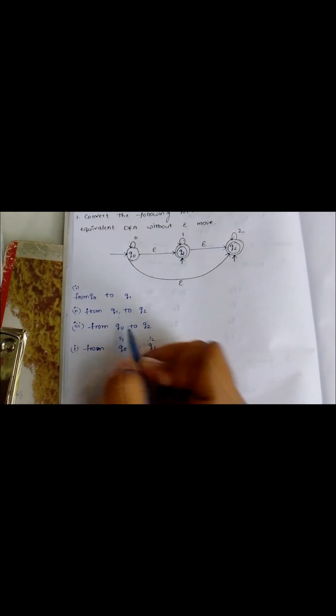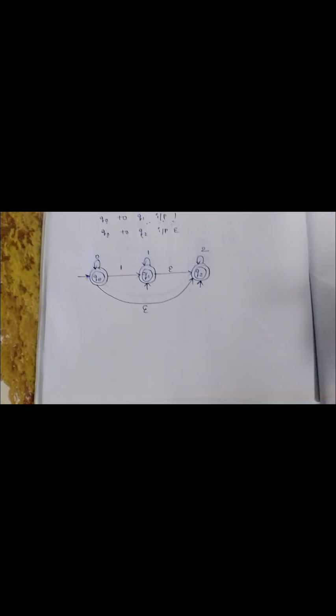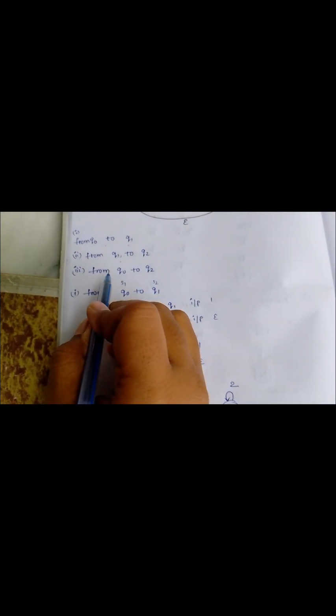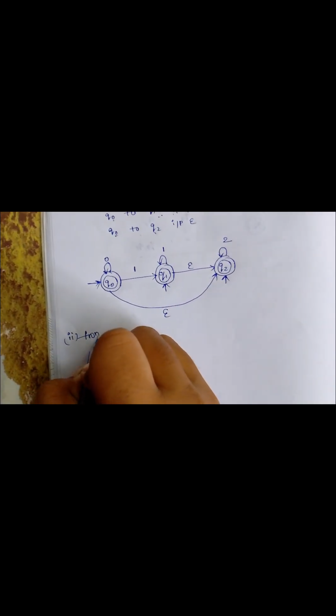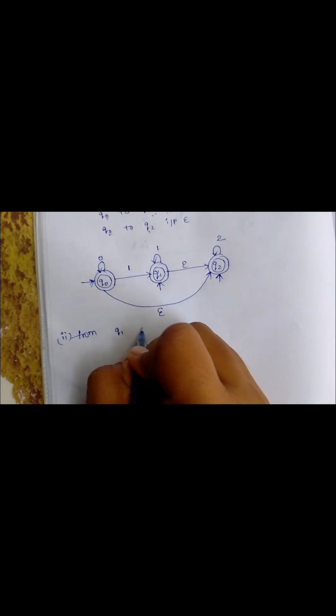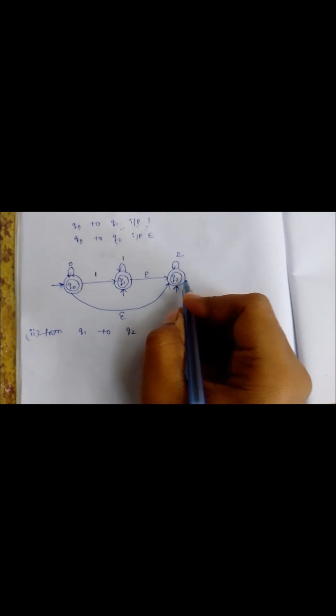So after we remove null transition from Q0 to Q1, this finite automata is there. Next second one is from Q1 to Q2. So here Q2 నుంచి ఏమేం ఎడ్జెస్ ఉన్నాయి?